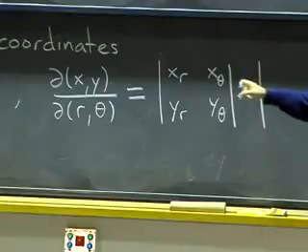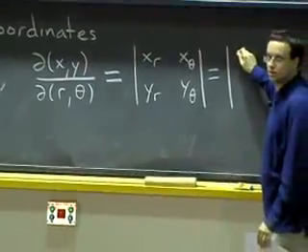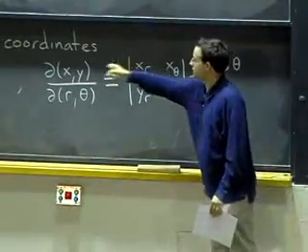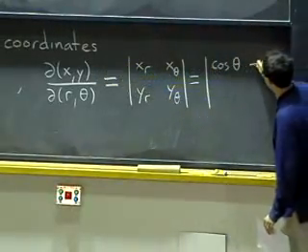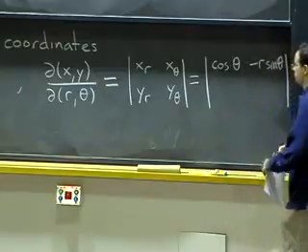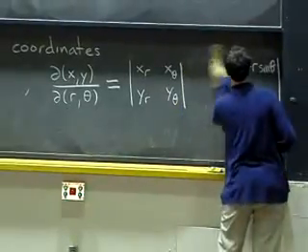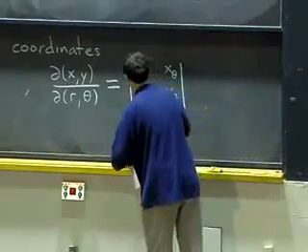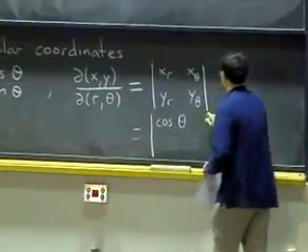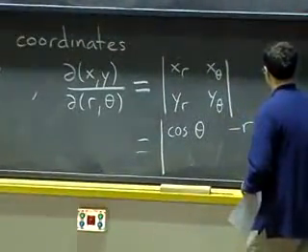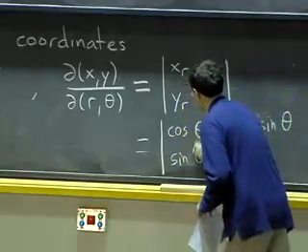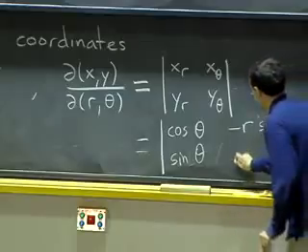Partial x over partial r is just cosine theta. Partial x over partial theta is negative r sine theta. Sorry, I'm going to run out of space here, so let me do it underneath. So we said x sub r is cosine theta. X sub theta is negative r sine theta. Y sub r is sine. Y sub theta is r cosine.